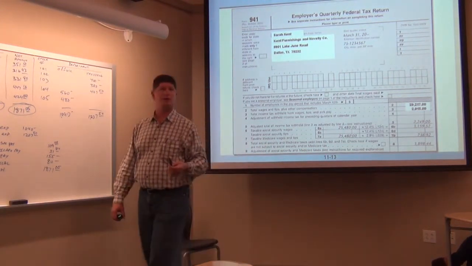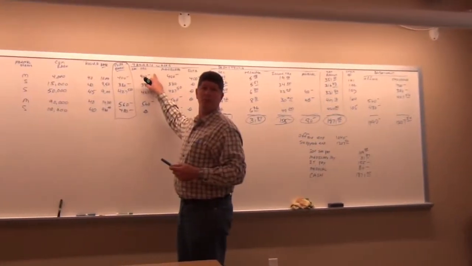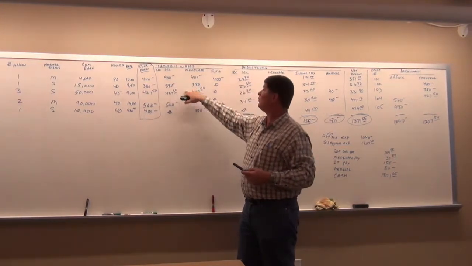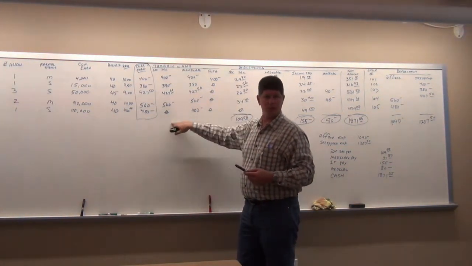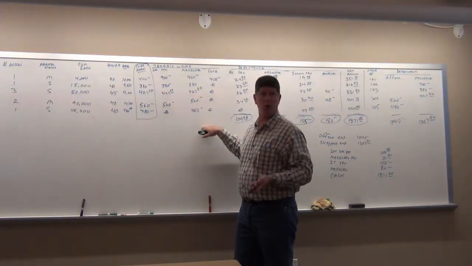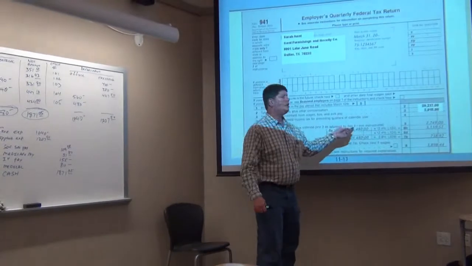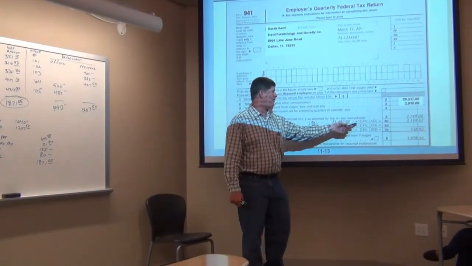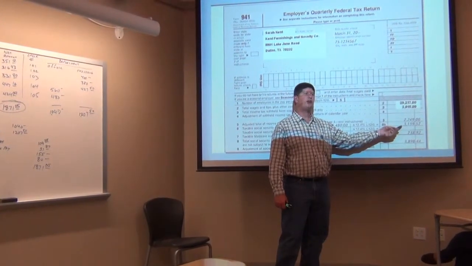Remember when we were doing the payroll register, we calculated the taxable wages for Social Security and Medicare. That's where those numbers come from. But you're going to total the payroll registers for the whole quarter, the whole 3 months, and those amounts end up going here. And then they recalculate at the full rate how much Social Security tax was owed.